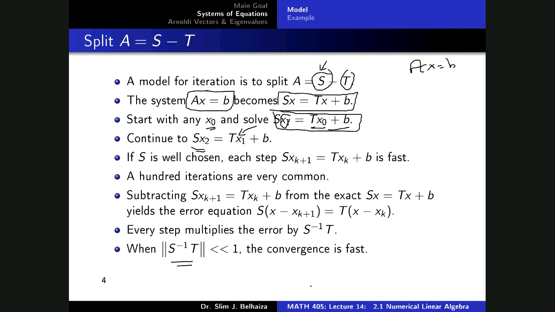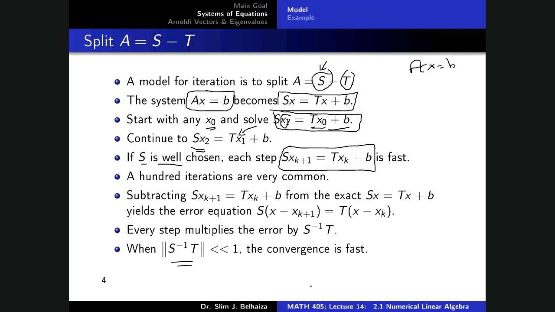So what is said is that S is chosen by yourself, because you are able to exploit the structure of your S. So you choose it in a way that this iteration is quick and fast, and it allows you easy and fast convergence.